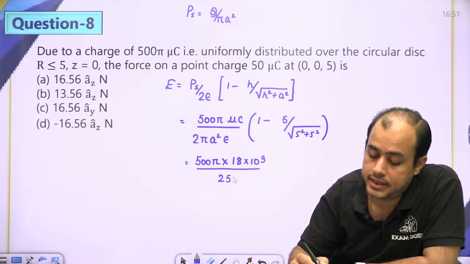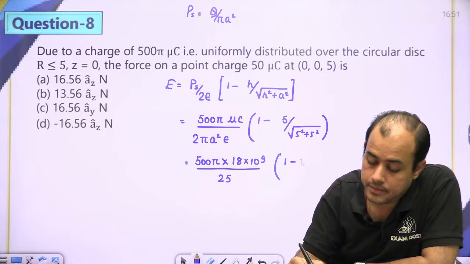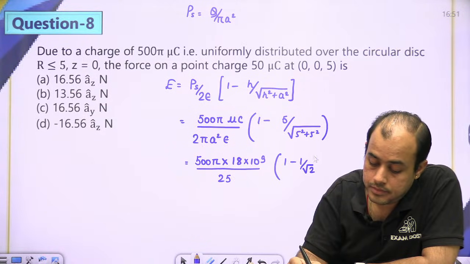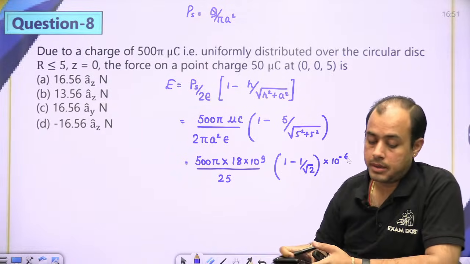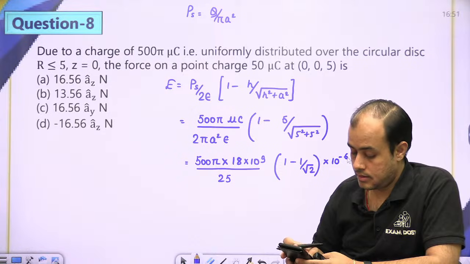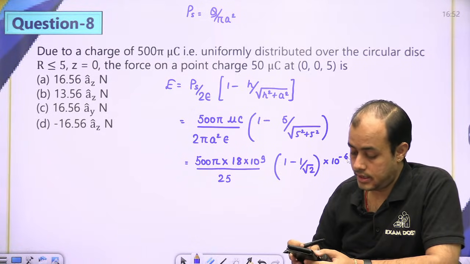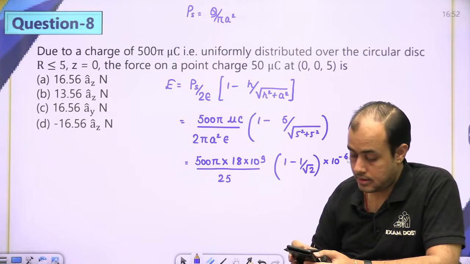1 by 4 pi epsilon is 9 into 10 to the power 9, so 1 by 2 pi epsilon is 18 into 10 to the power 9. Microcoulomb is 10 to the power minus 6. 500 into 18 into pi, 1000 by 25.